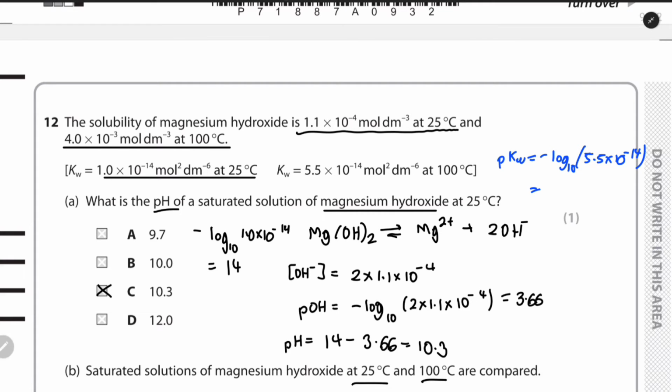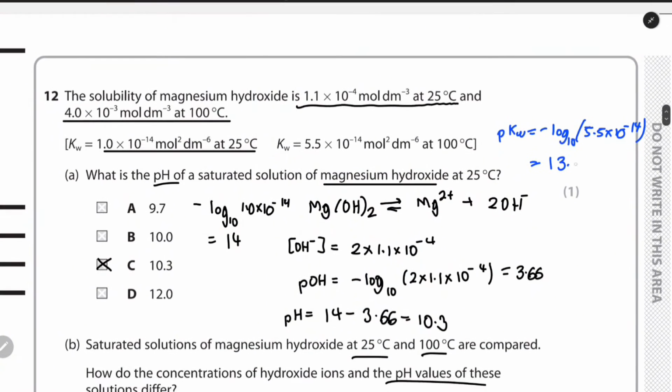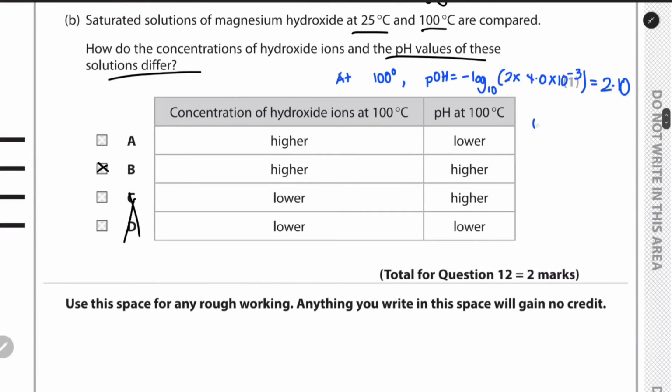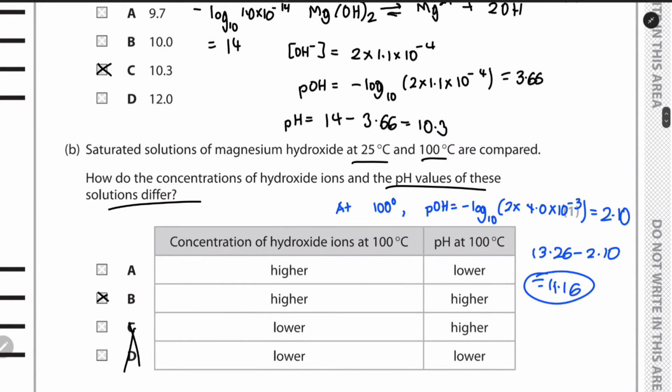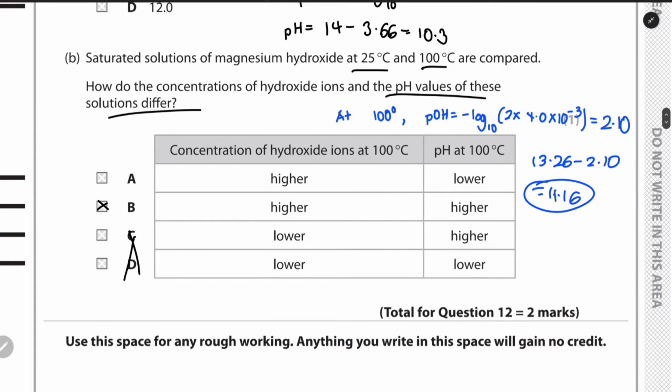This value will be 13.26. If I calculate 13.26 minus 2.10, this will come out to be 11.16. The previous pH was 10.3. So the pH is higher and the concentration is also higher. So B is the answer.